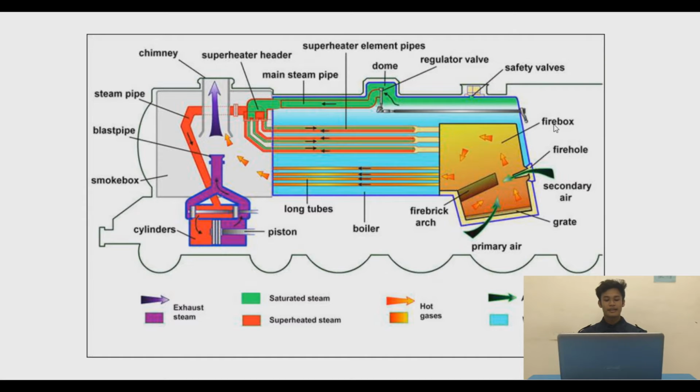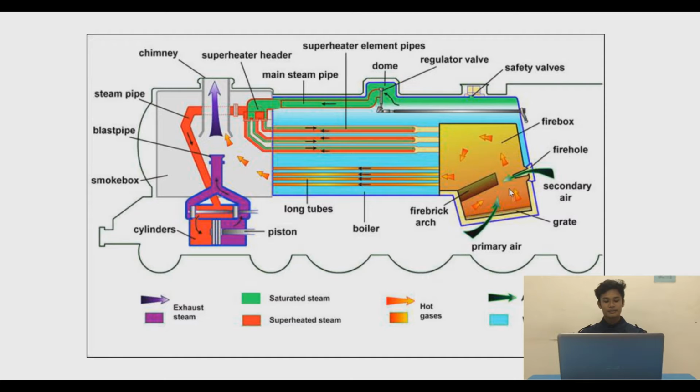locomotive. The firebox sucks air from underneath the train to keep the fire from starving. The solid fuel sits on top of a grate, through which ash falls down into the ash pan.